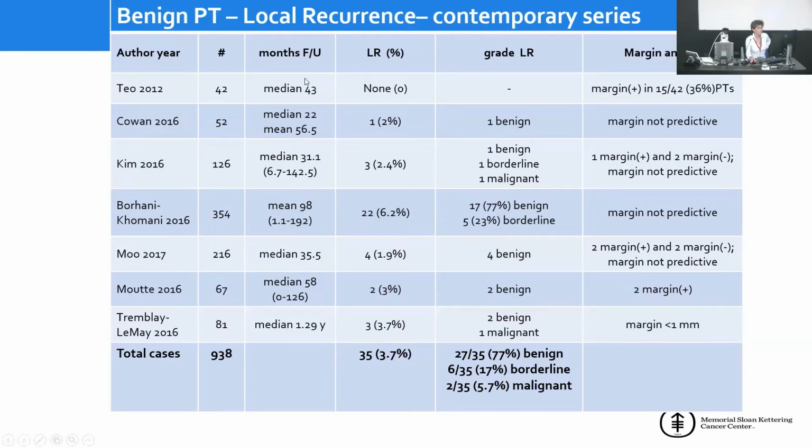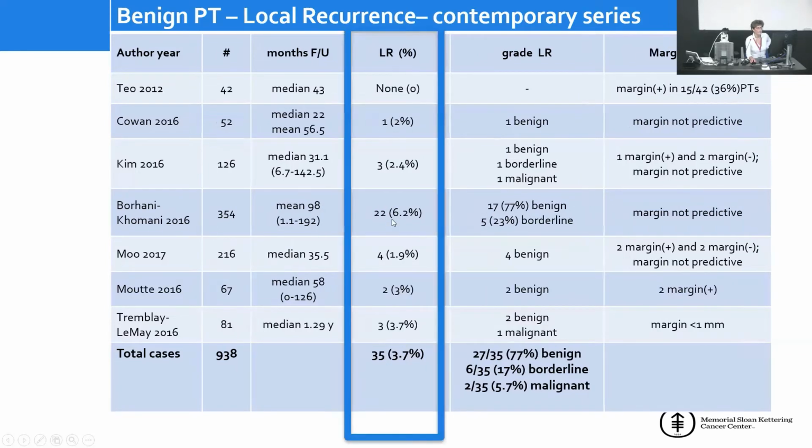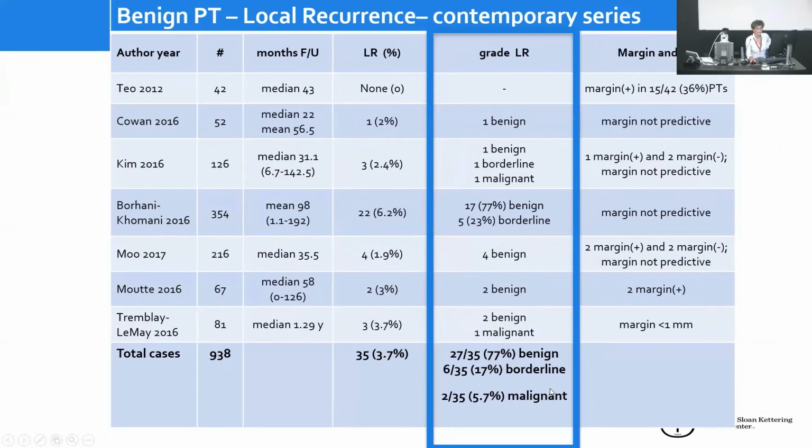These are series that have looked at the local recurrence of benign phyllodes tumor, and overall the local recurrence was around 4%. And if we look at the grade of the local recurrence in this group of patients, the majority recurred just with the same morphology, and some with a higher grade borderline morphology.